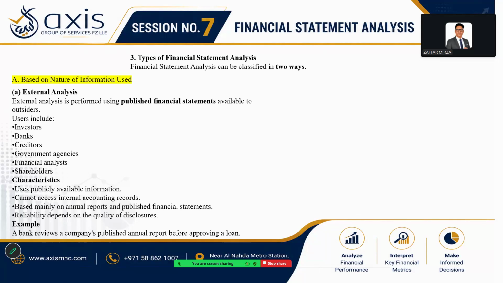Characteristics: uses publicly available information, cannot access internal accounting records, based mainly on annual reports and published financial statements. Reliability depends upon the quality of disclosures. Example: a bank reviews a company's published annual report before providing a loan. So the first analysis is based upon the nature of information used.